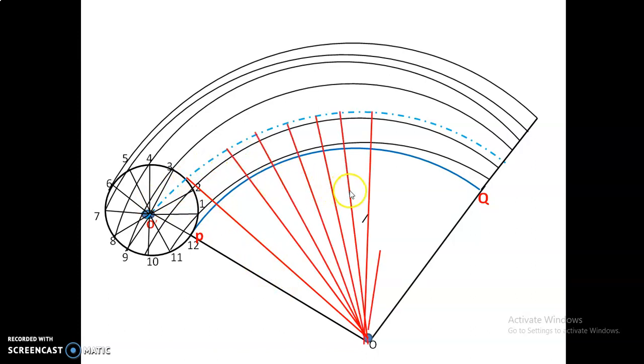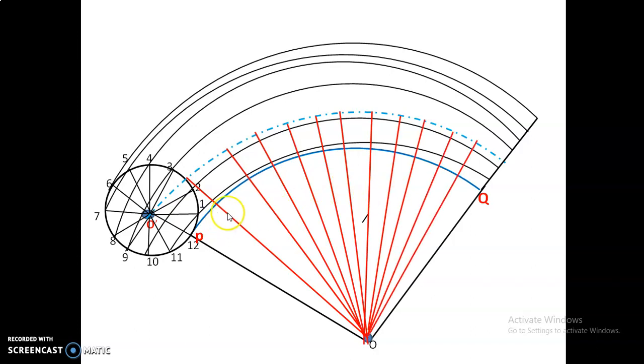Now we have divided this PQ arc into 12 equal parts, 1 dash, 2 dash, 3 dash and so on, 12 dash. These lines will meet the center arc at points O1, O2, O3 and so on, O12.